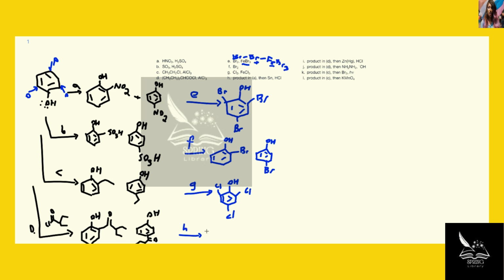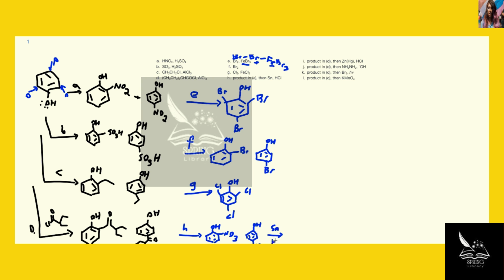So this is H. And this is one isomer. Then we have the other isomer.